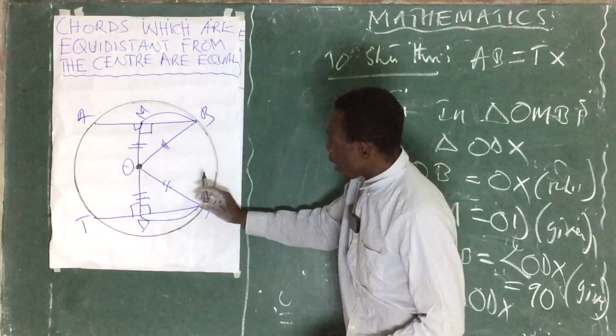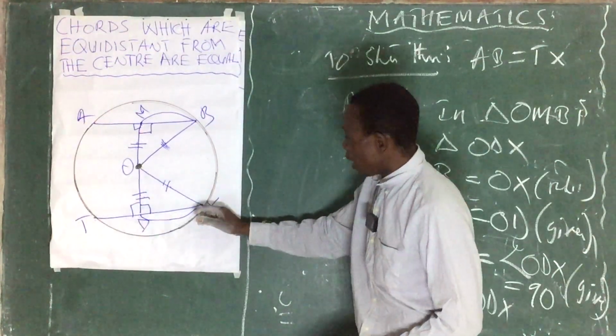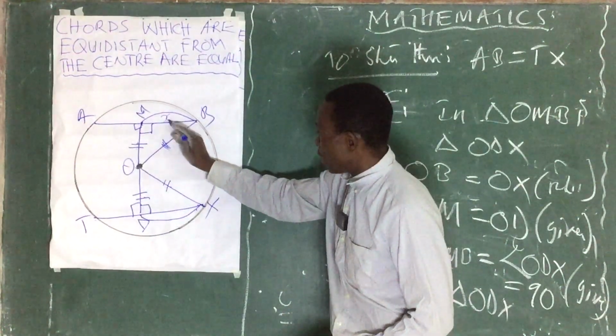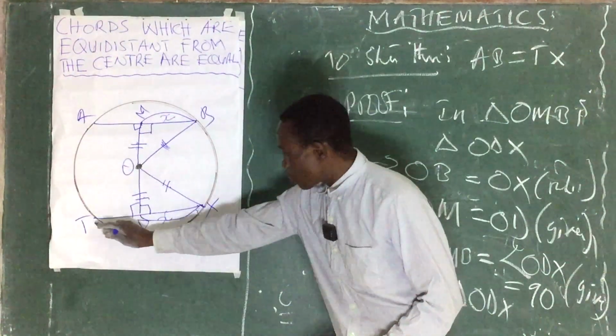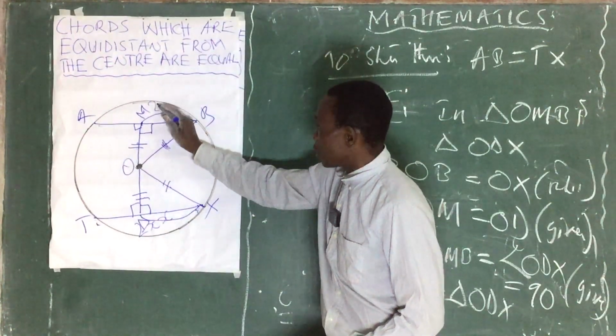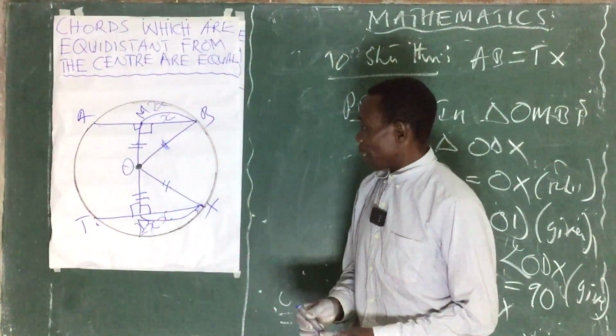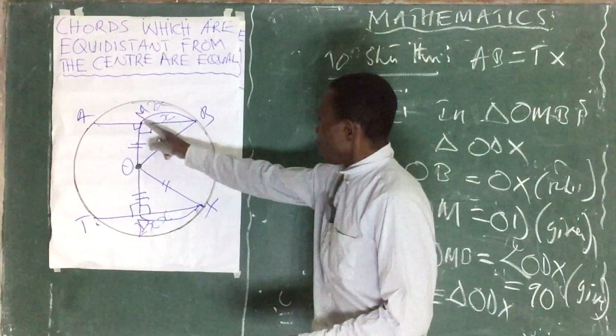Then we expect that again, the MB should also be half of what? TX. In short, if this one will be X, this one will be X. But this is double X. So it means from here up to that, it will be 2X. And from here up to that, it will also be what? 2X as such.